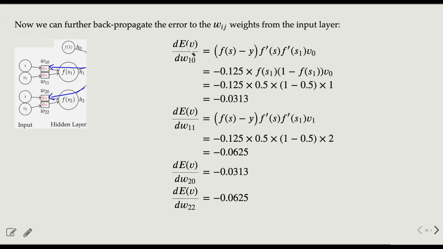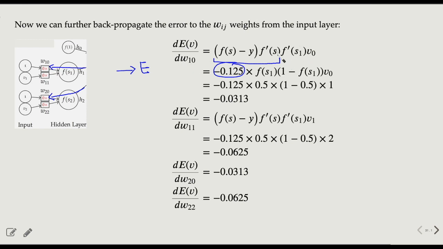The derivative of the error, eventually calculated in the output, with regard to each weight from the input layer can be computed by this common component, f(s) minus the actual class y times f prime S, and we know this is minus 0.125, times f prime S1.